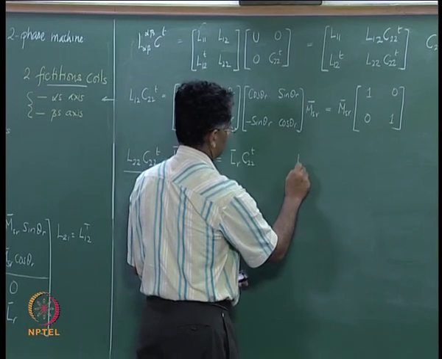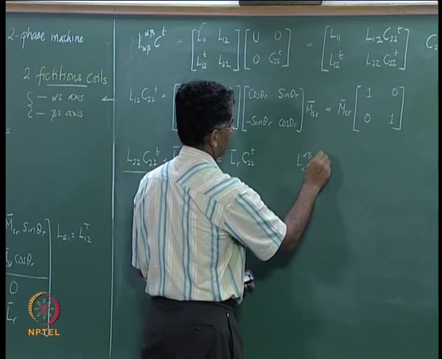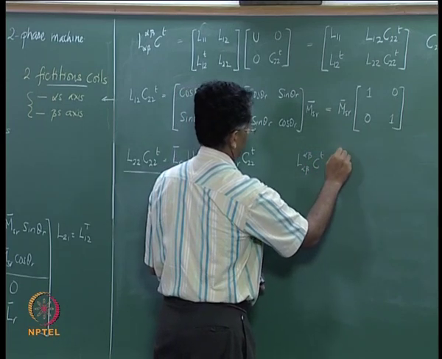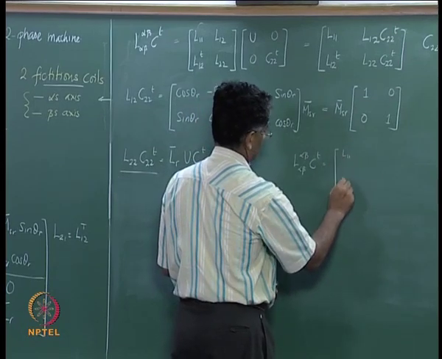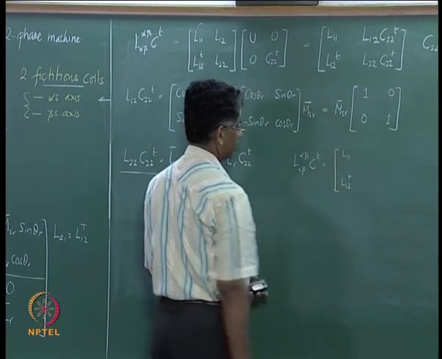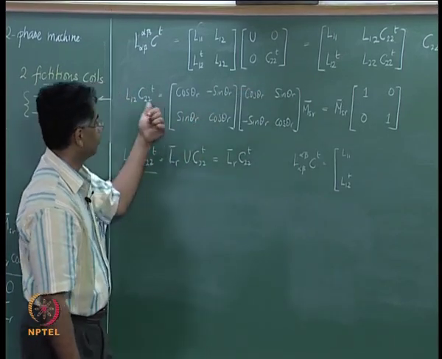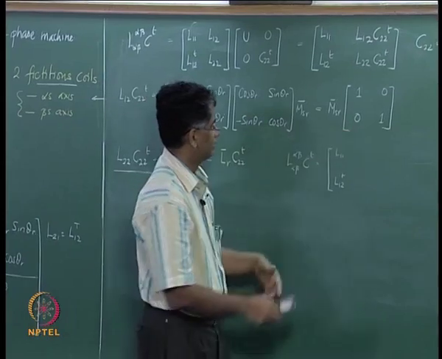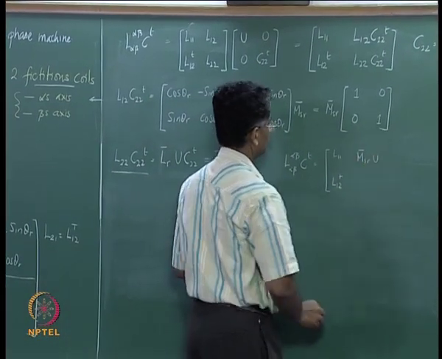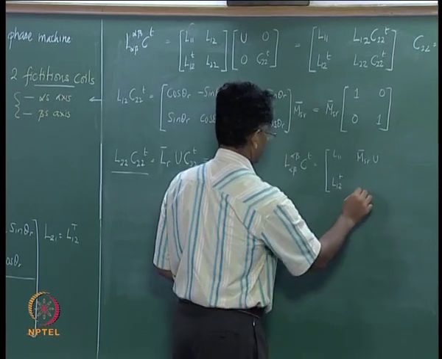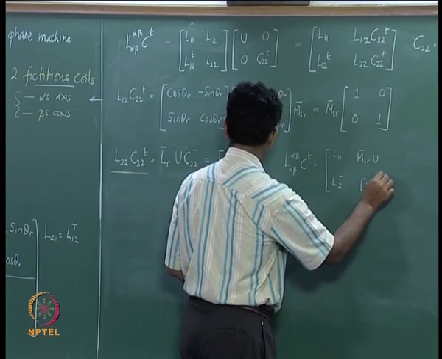L alpha beta into C transpose is L11, L12 transpose. L12 into C22 transpose was this, so that is MSR into U, and this one is LR bar into C22 transpose.